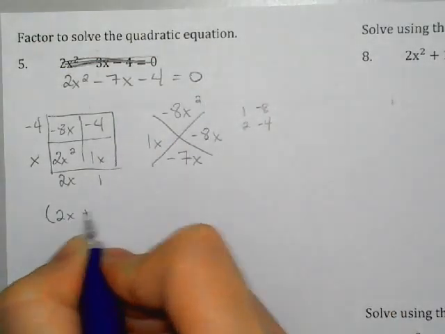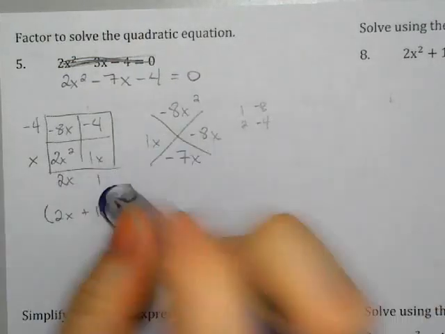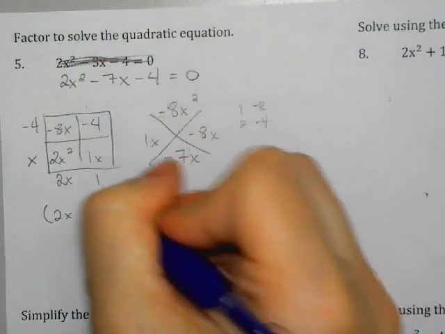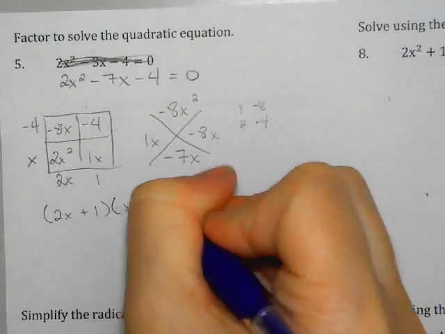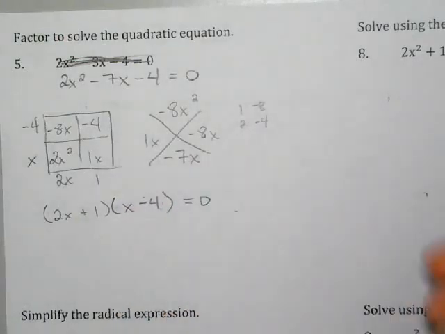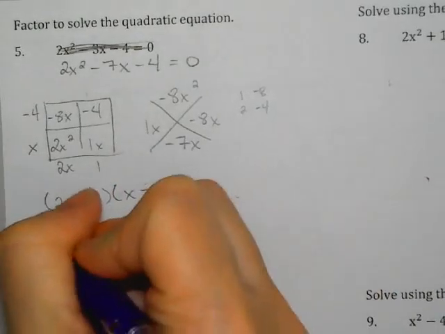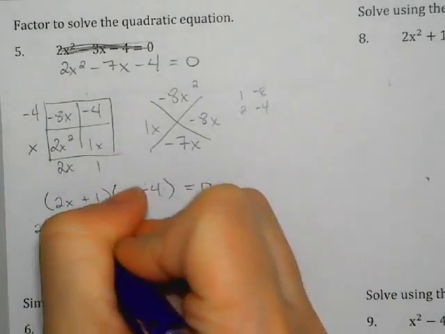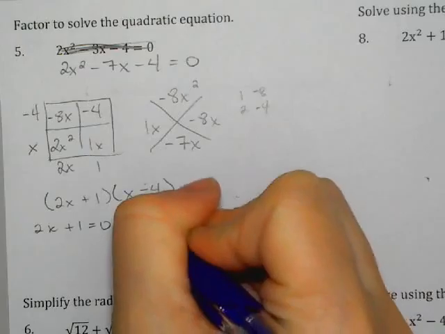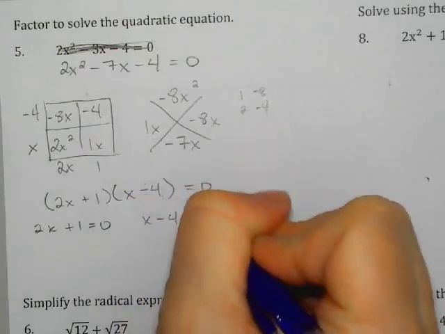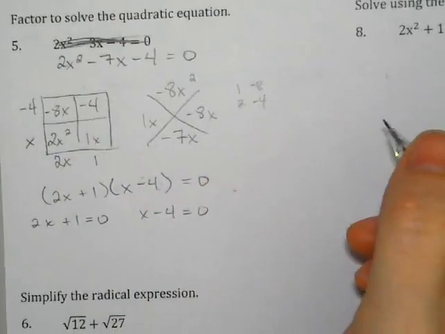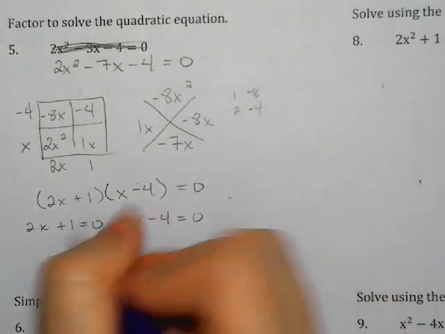So 2x plus 1 times x minus 4 equals 0. That's my factored form, and now I'm going to use zero product property to solve like we did last time. So 2x plus 1 equals 0, x minus 4 equals 0, and solve them separately.